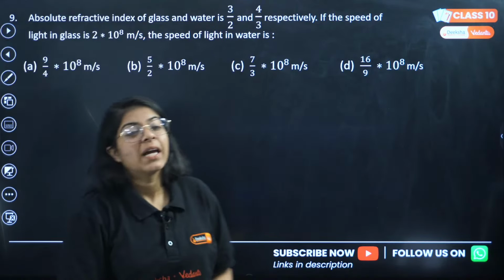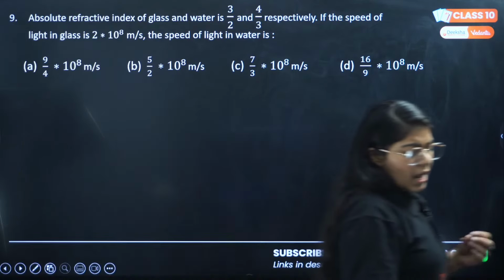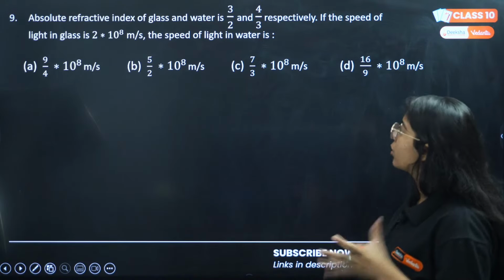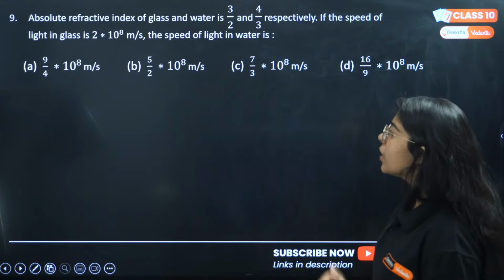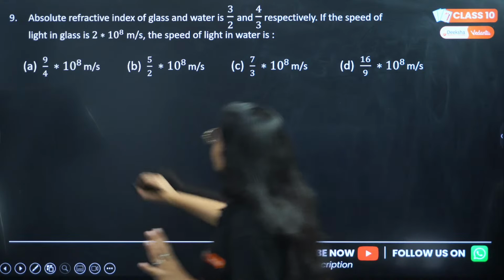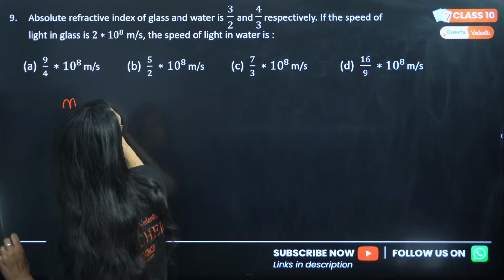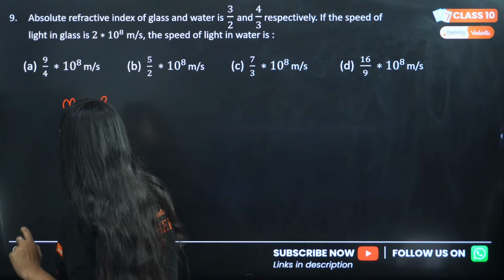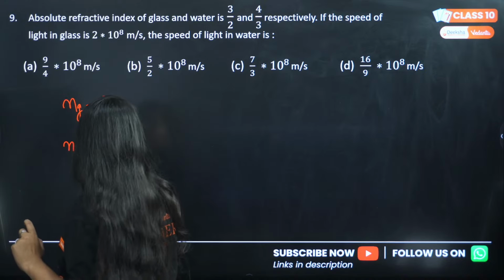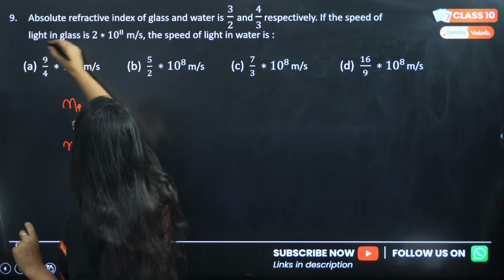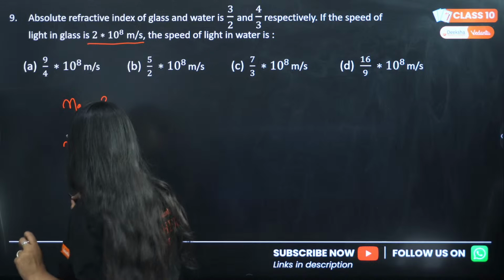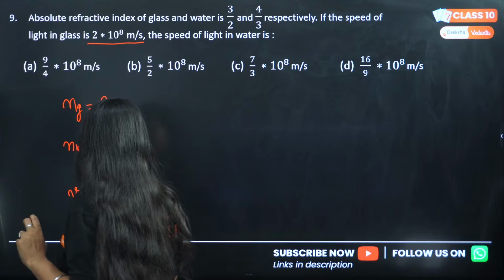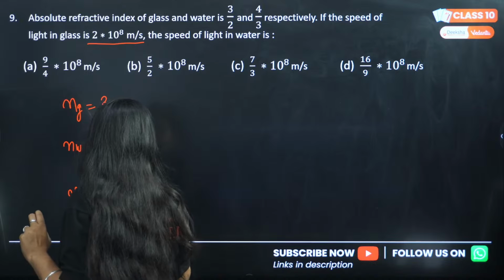9th question, it says that absolute refractive index of glass and water is given. Okay, so we are given refractive index of glass as 3 by 2, refractive index of water as 4 by 3, and the speed of light in glass, so Vg is what? 2 into 10 raised to power 8 meter per second.